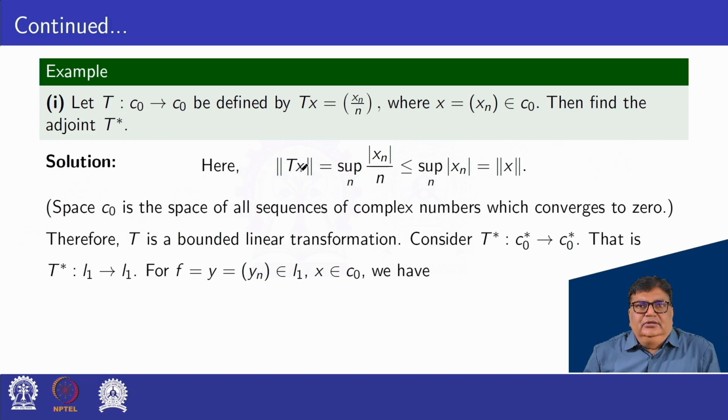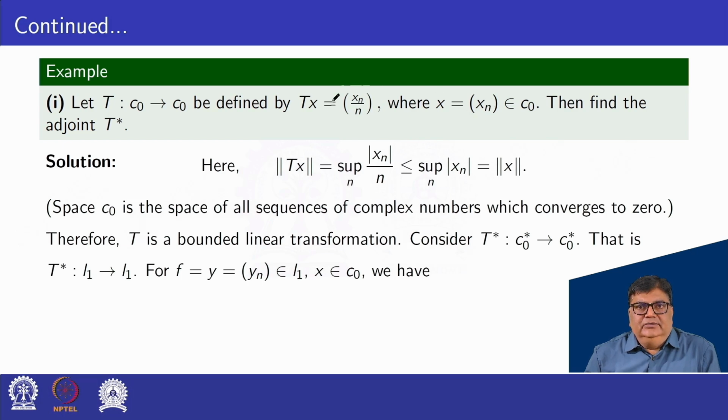Here the norm of Tx, where Tx is defined as xn by n and xn is an element of C0, is the norm defined as L infinity. So the L infinity norm is defined as the supremum of the sequence x, that is xn.